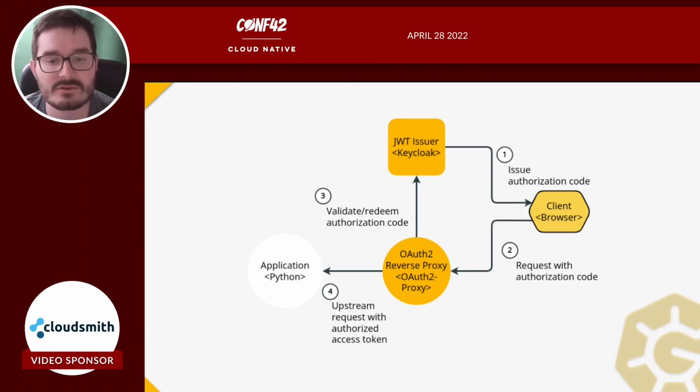And upon providing my login credentials, I will be receiving the authorization code in a redirect. And it redirects me back to the OAuth 2 reverse proxy. And from there, my authorization code gets exchanged for a valid access token that will travel along in an HTTP header to my backend application.